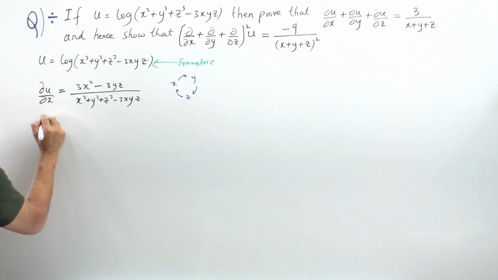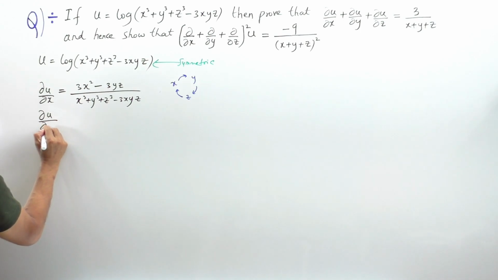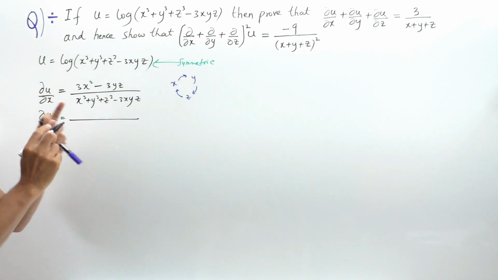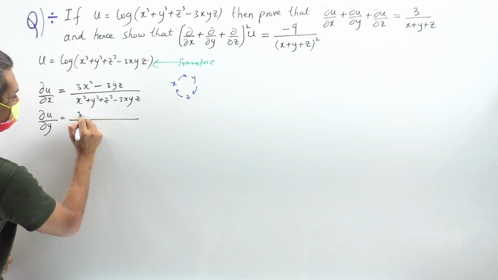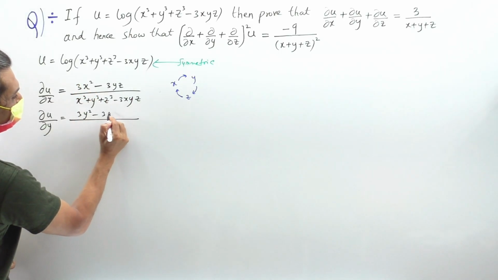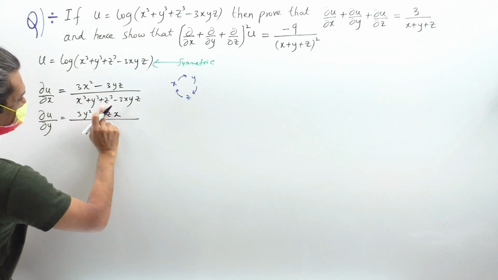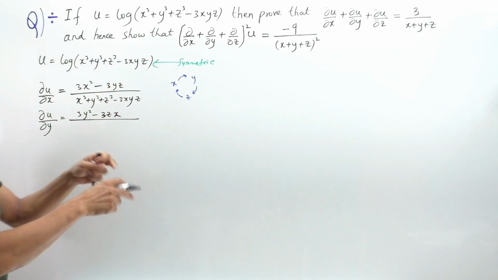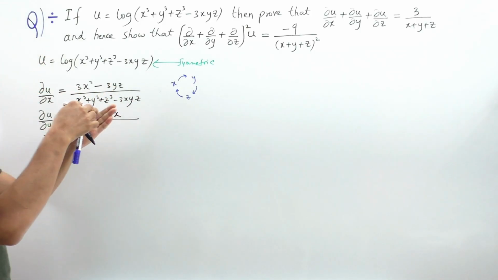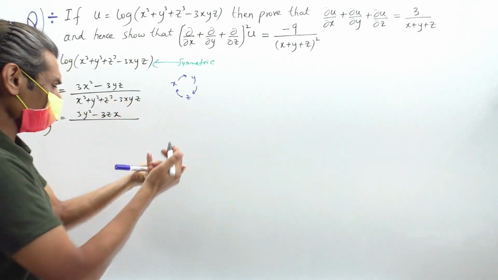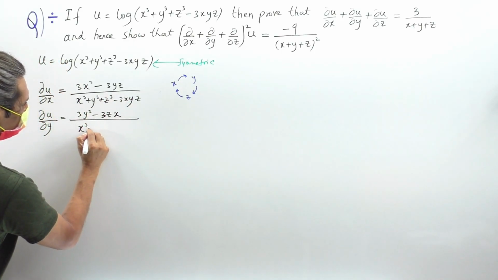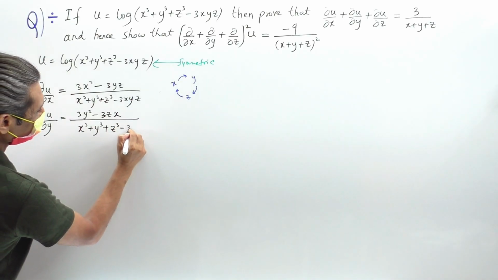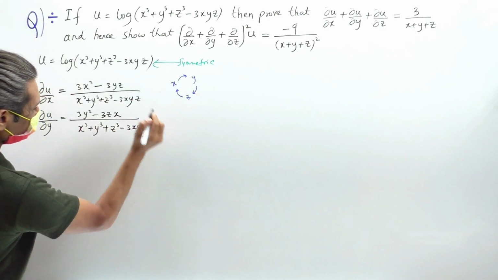Clear? Now, as I told you, there is no need to differentiate again to find dou u by dou y. Simply, since it's a symmetric function, dou u by dou y equals, x becomes y, so 3y square minus yz becomes zx, and z becomes x. And this bottom, the way it is, will become y cube plus z cube plus x cube minus 3xyz, the same as it is: x cube plus y cube plus z cube minus 3xyz.